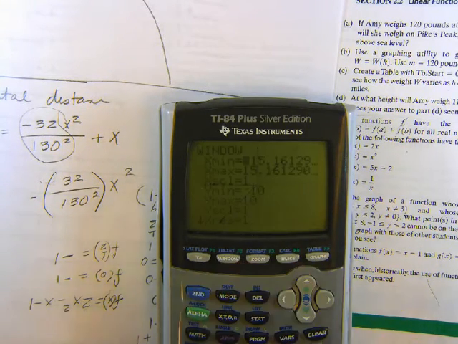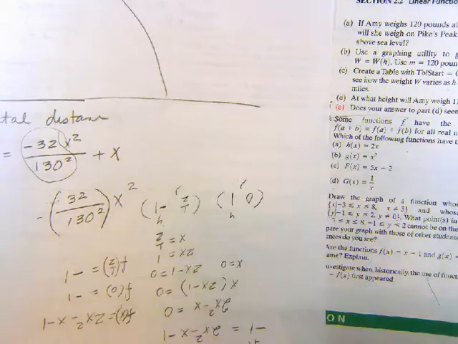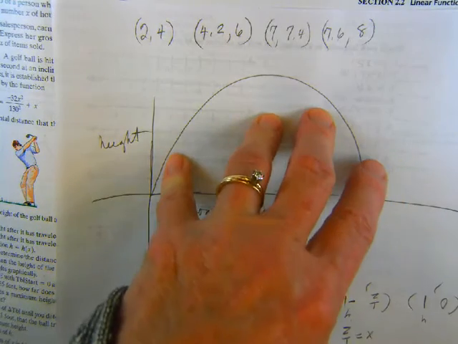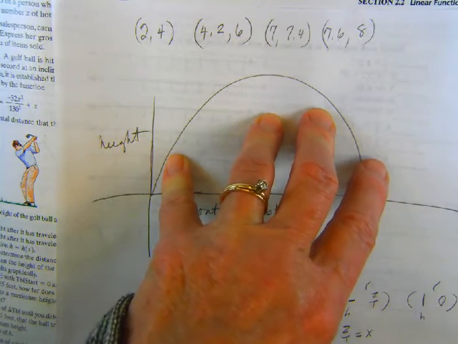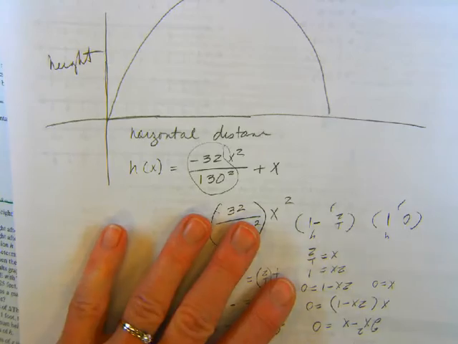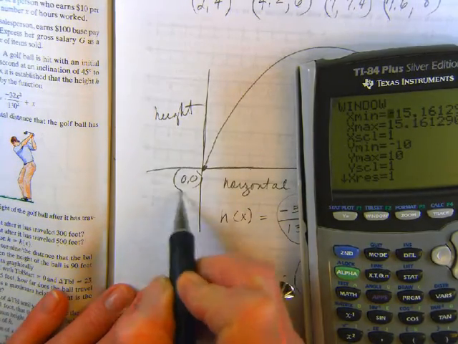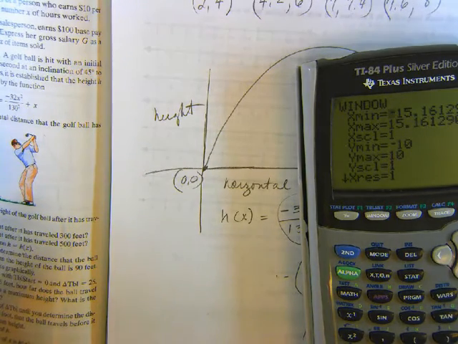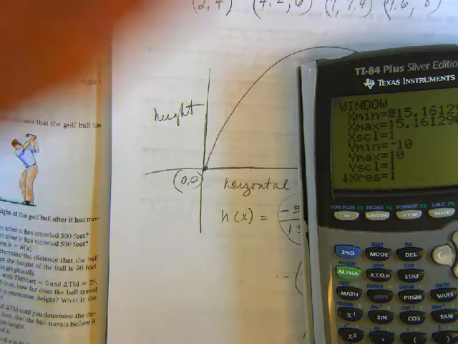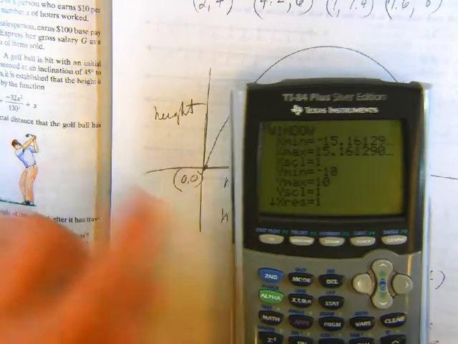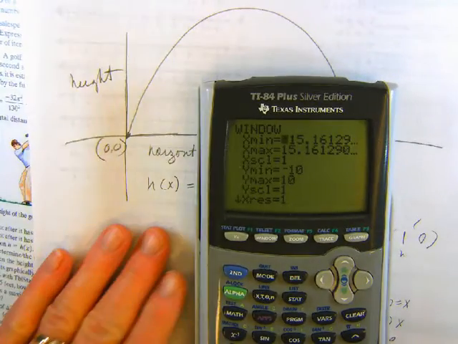Now let's keep in mind, this is your graph. I'm only needing basically this quadrant over here, aren't I? Because we're going to be starting at 0, 0. You can't have a negative height or negative length. So I'm going to have to work on this. My x minimum, I don't really need anything except I'm just going to put a negative 5 because I just need a little bit.